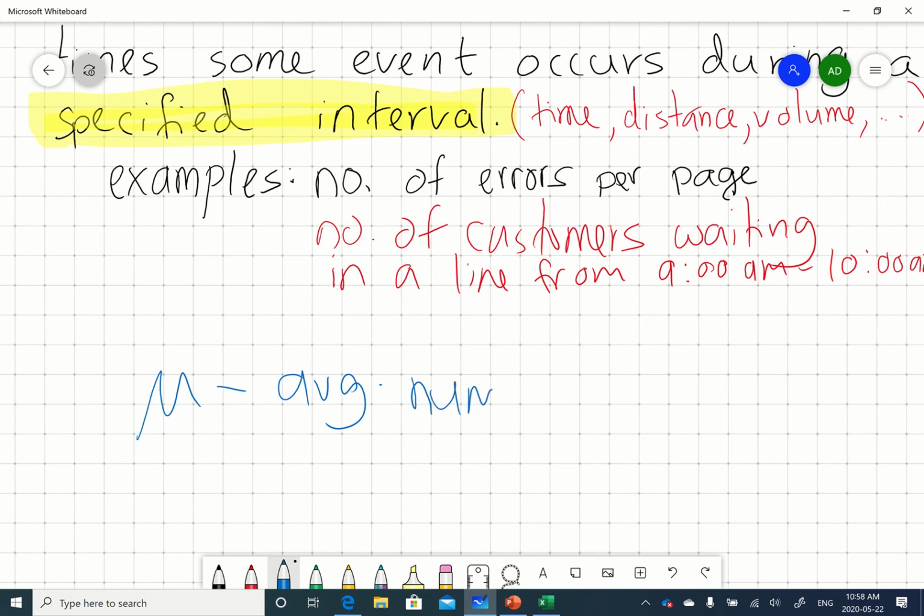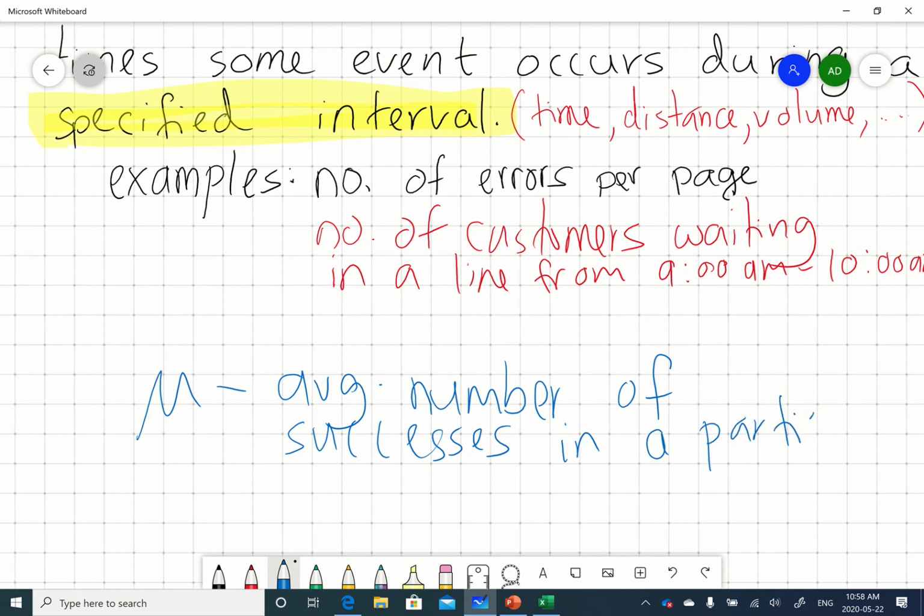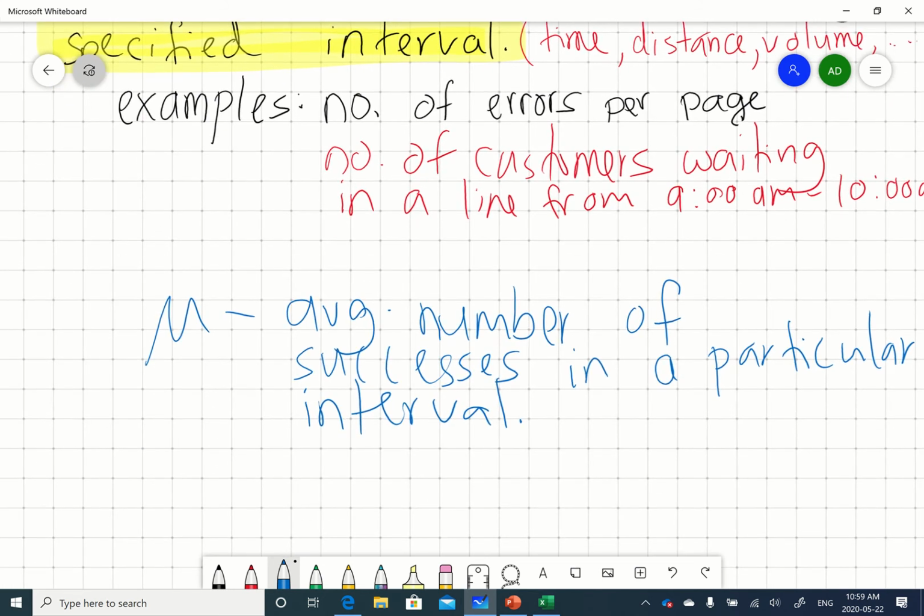Average number of successes in a particular interval. And some people refer to this as rate of occurrence.